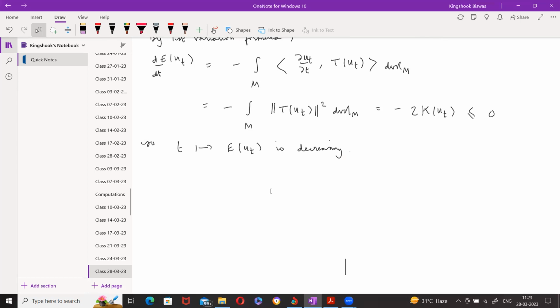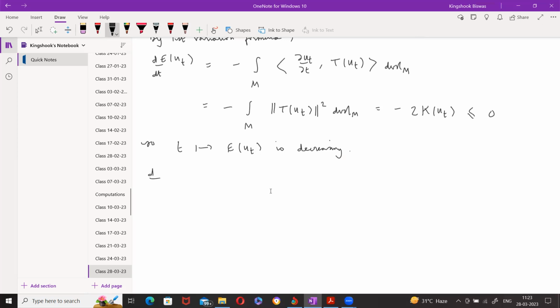Fine. So now what we want to do is some calculations, and we want to compute the second derivative of this energy. So what is the second derivative of the energy going to be?